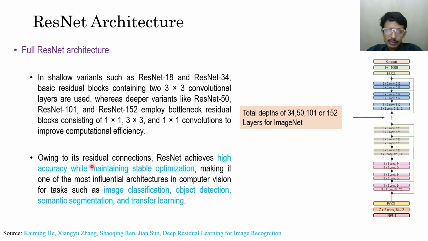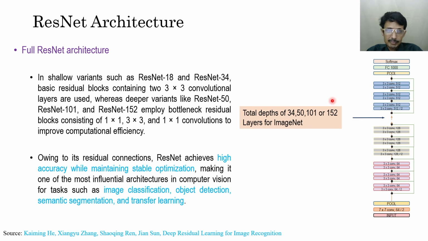Now, to summarize the residual connection, ResNet achieves a very high accuracy while maintaining a stable optimization. That is very important. Even at 152 layers we can understand the performance boost, with very high accuracy. Even with this number of layers, the optimization is not compromised.